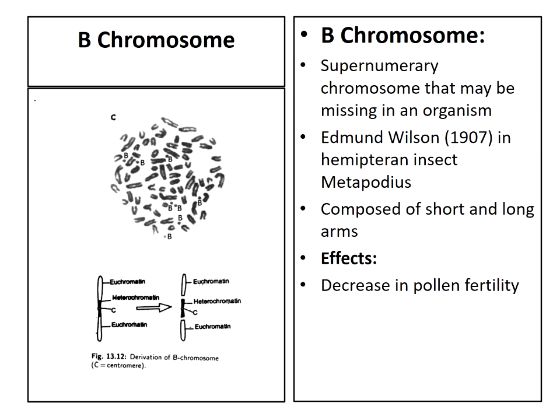Some of the effects of B chromosomes are a gradual decrease in pollen fertility and in seed set with an increase in the number of B chromosomes in the case of maize. So these reduce fertility because of the decrease in pollen fertility.